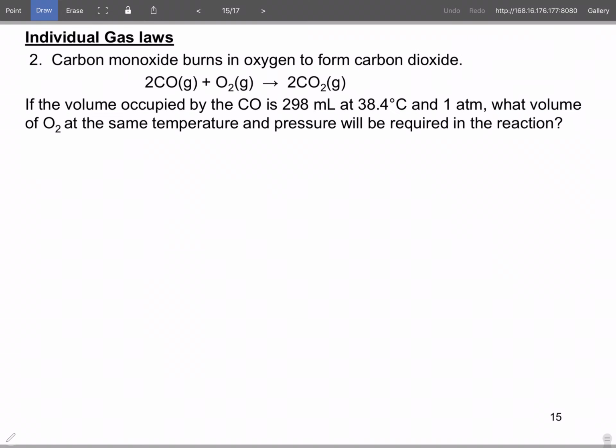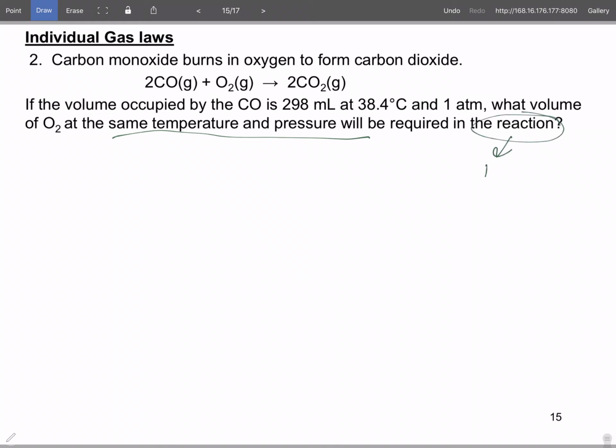Okay, did I just skip one? Yes. Carbon monoxide burns in oxygen to form carbon dioxide. The volume occupied at 38.5 milliliters. Okay, in 1 atmosphere, what volume of oxygen at the same temperature and pressure? Okay, so if the same temperature and pressure, then we're not changing. Okay, we're doing a reaction.